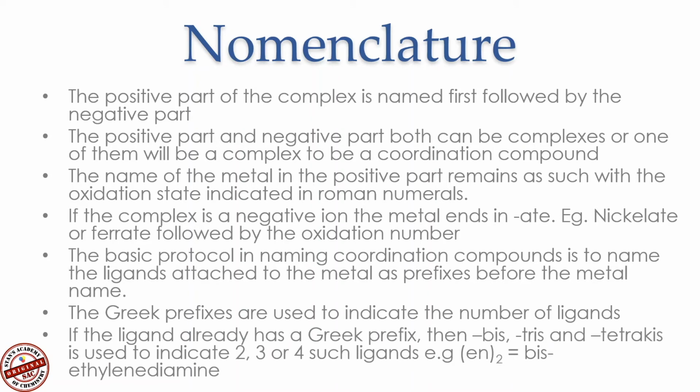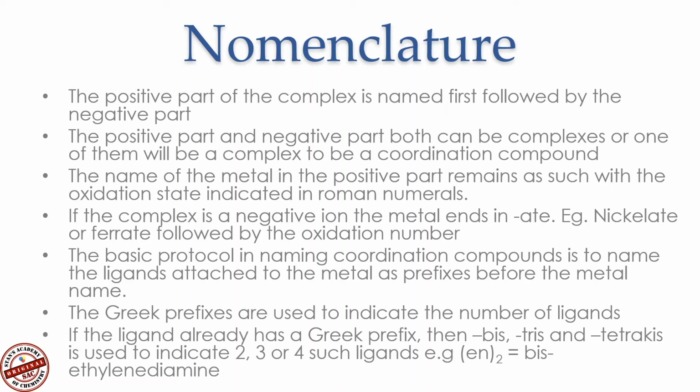Now, one point to note, when we talk about bidentate and tetradentate ligands, for instance, ethylene diamine: if the ligand already has a number associated with its name, for instance, ethylene diamine, there is a di within the name. If you have two or three of them, you do not want to use diethylene diamine.